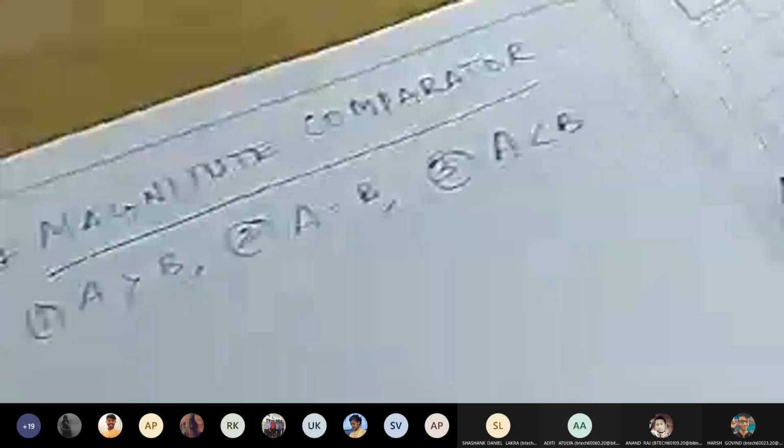The biggest diagram which we did in the class has AND gates, OR gates, NOT gates, and also XOR and NOR gates.